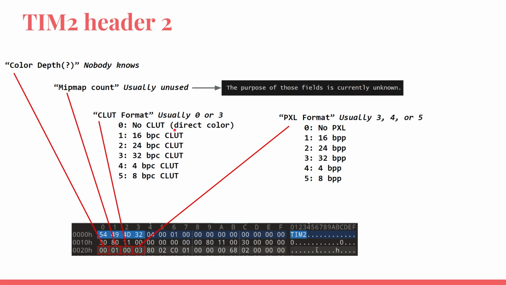Then we have the pixel format, the actual format of the pixel entries themselves. These are usually 3, 4, or 5, because an image is either going to be direct color, which is 3, or 4 or 8-bit. It's just how it goes. There's no real reason to use 16 or 24, at least from what I've seen, but I'm sure some games might.